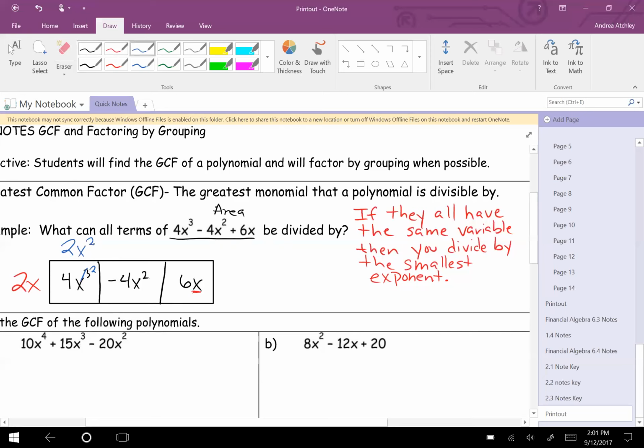Then we divide again. Negative 4 divided by 2 is negative 2, and I take away an x, and I'm left with just one of them, x to the first power. Then 6 divided by 2 is 3, and then x divided by x is 1. So I just get plus 3. So the 2x is what we call the GCF.